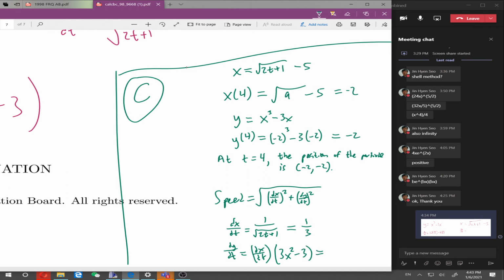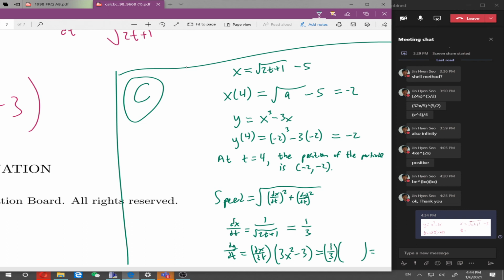So what would dy over dt be equal to, or what are you plugging in? Plugging in 1/3 for dx over dt, and plug in x.